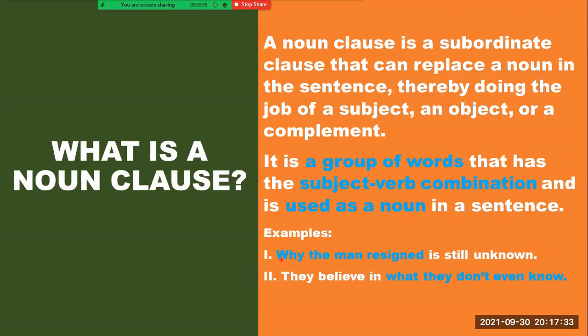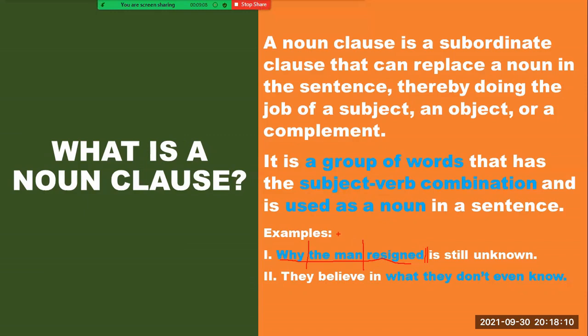You can see example one: Why the man resigned is still unknown. The noun clause here is why the man resigned. Here you can see the subject-verb combination. When we analyze this, we break it into the various components.